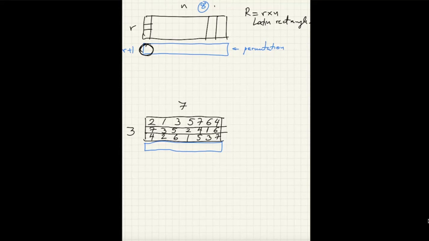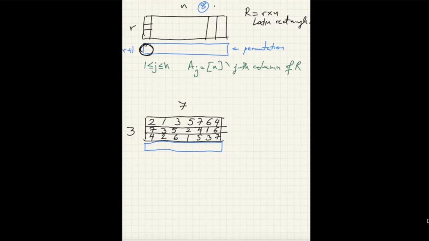So it makes sense for us to do the following definition. For j between 1 and n, let's call A_j the complement of the first column. So it's the set N from which we subtract the elements of the jth column of R.